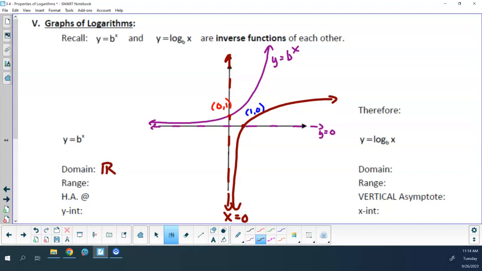The domain of my inverse then, the domain becomes my range on the inverse. My range on my purple one was y is greater than 0. That range now becomes my domain over here.